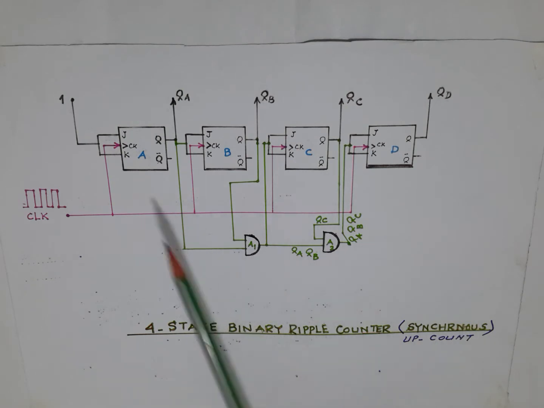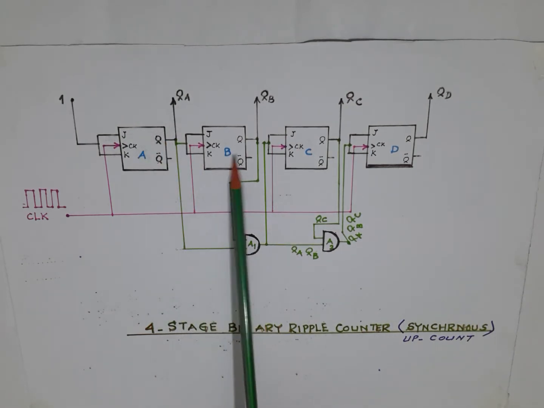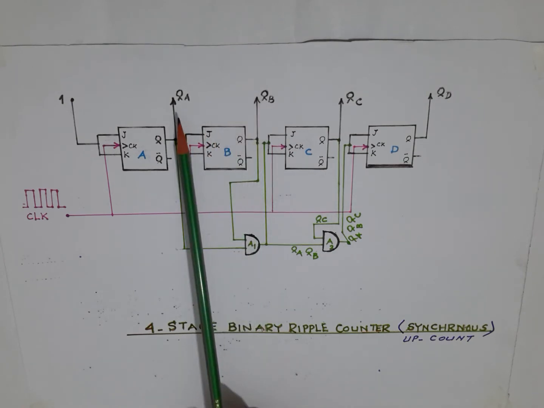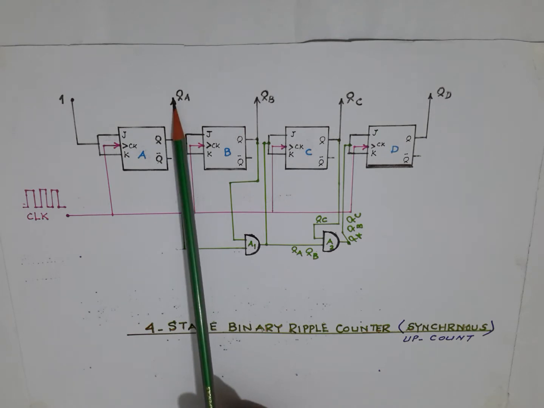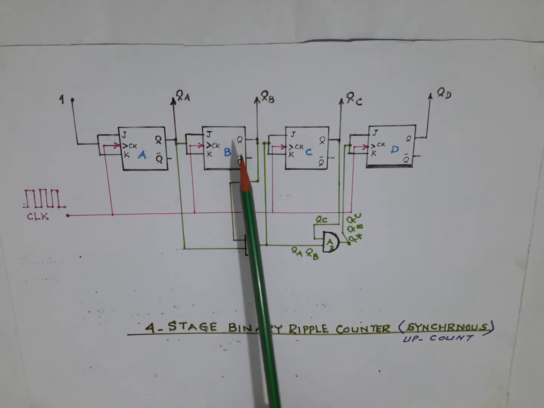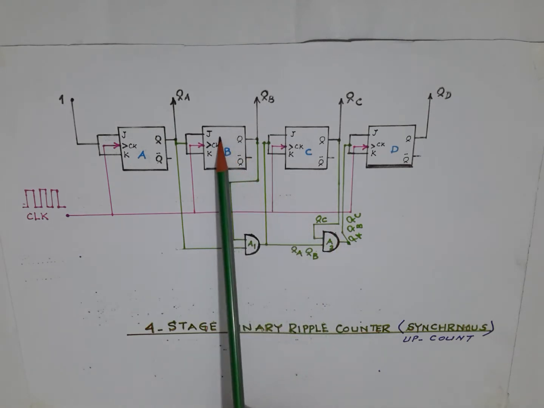Third clock pulse, QA toggles to 1, B is 1, and C, D are 0 0. QA will light, B will light, and this is BCD of decimal 3.